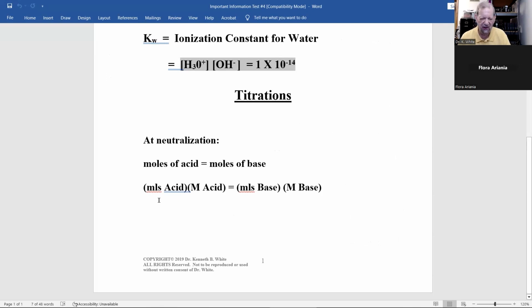And then milliliters of acid times molarity of acid equals milliliters of base times molarity of base. By the way, this is for a monoprotic acid and base, that can only accept or transfer one proton. If you have diprotic, it's a different equation you have to use, but we won't do that in this class.